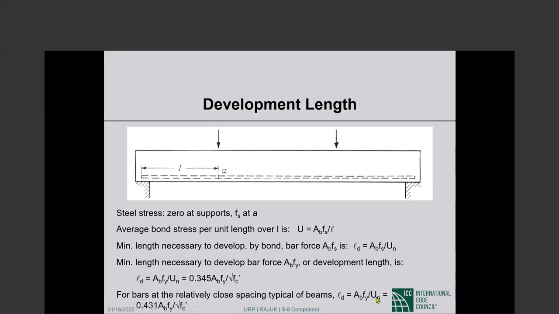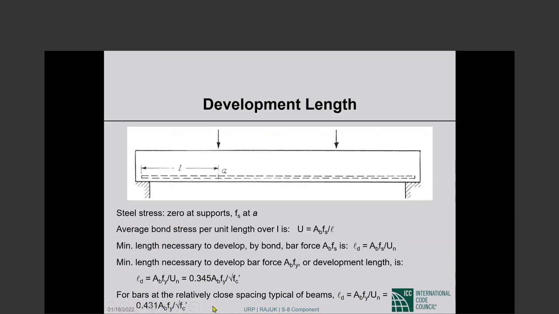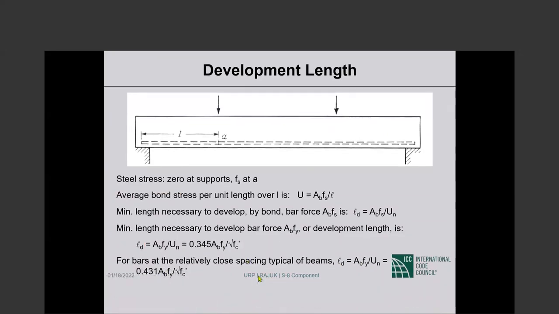Remember, if we have closely spaced bars, this U sub N is 80% of 2.9 square root of F sub C prime. So the required development length goes up by 1 divided by 0.8. And that is that number. If you divide 0.345 by 0.8, you get 0.431. So these are important results.